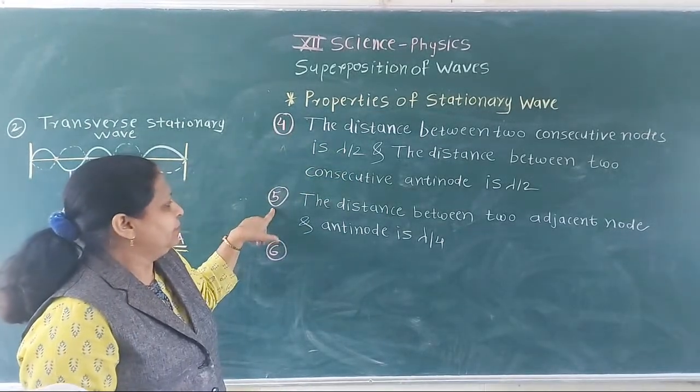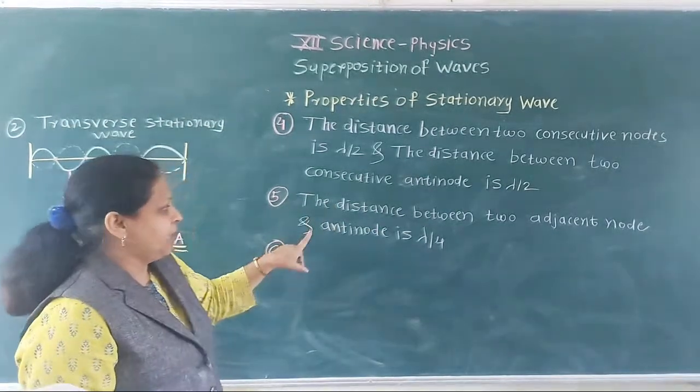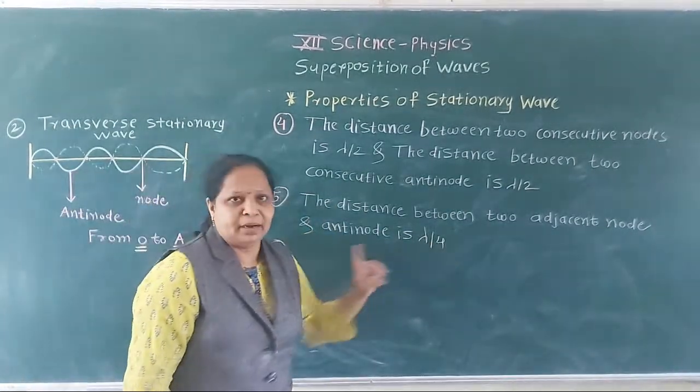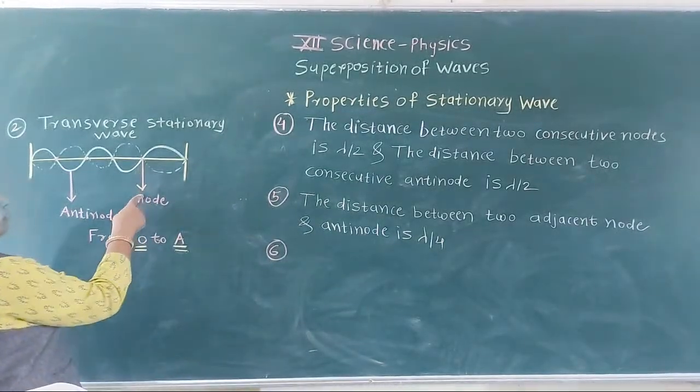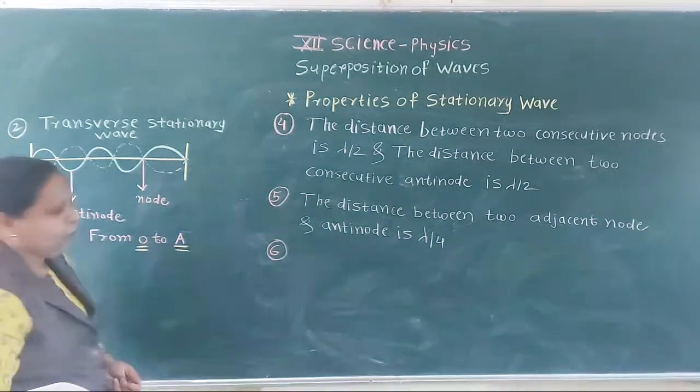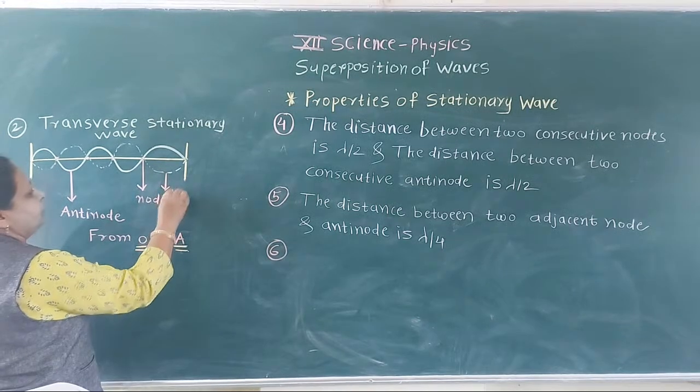Then fifth number, the distance between adjacent node and antinode is lambda by 4. You can see in this diagram, the node point is here and the antinode point is here.